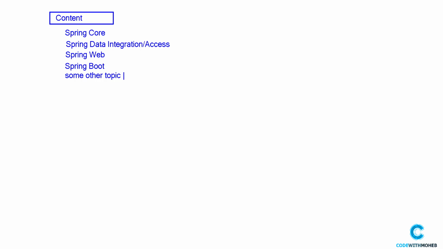Now that we understand what content we will be covering in this series, to continue this series we have to know about the prerequisites, the things that you have to know before starting the Spring Framework.